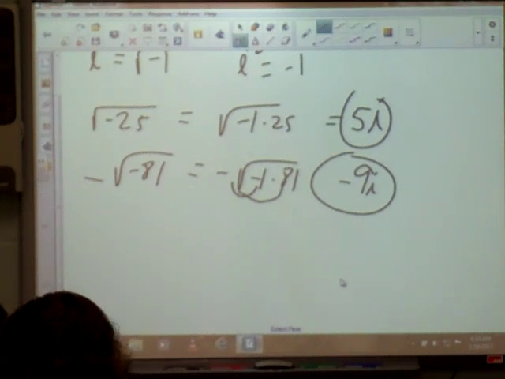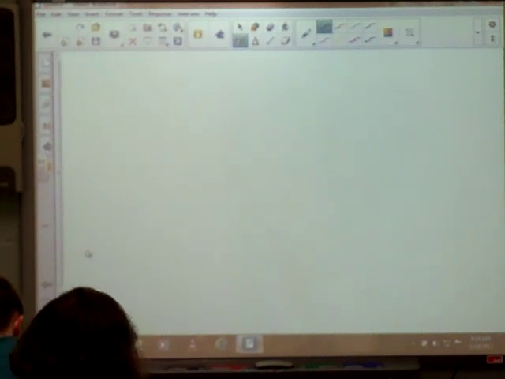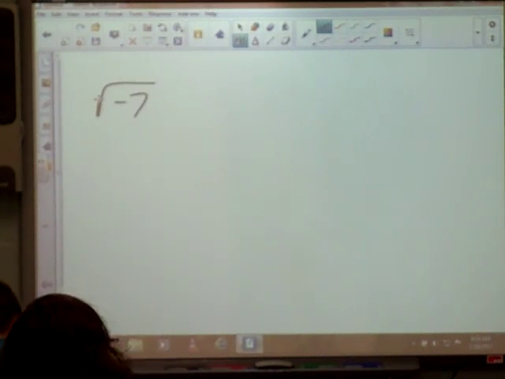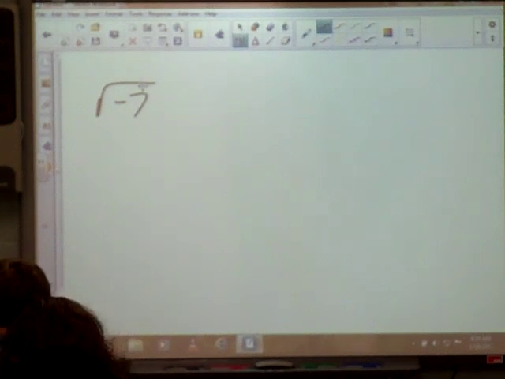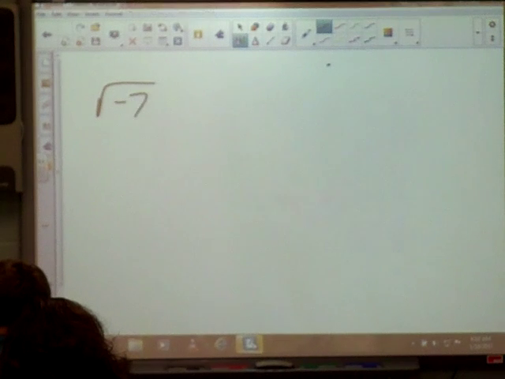Alright. So both of those that we looked at were perfect squares. Now let's do some where they're not. I've got the square root of -7. How does 7 break down?